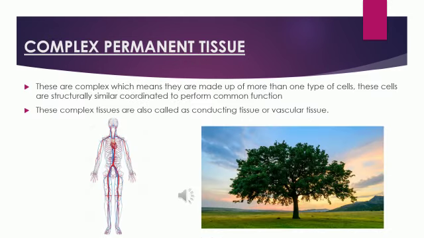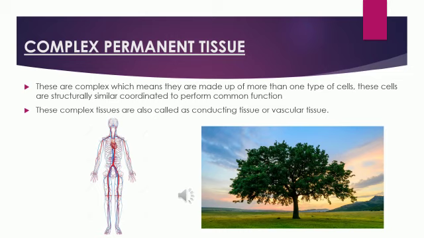Coming to complex permanent tissue, these are made up of more than one type of cells, and these cells are structurally similar and coordinated to perform a common function. For example, in humans, we have a circulatory system.